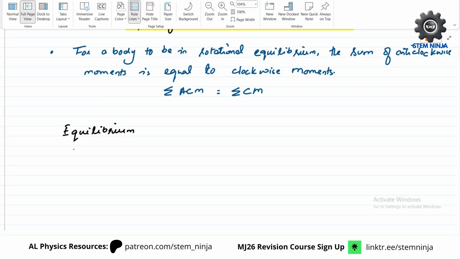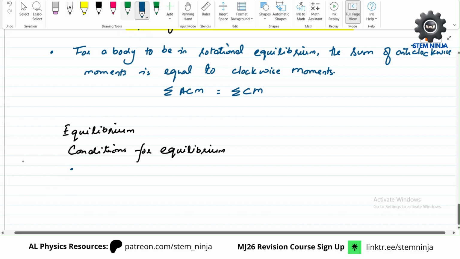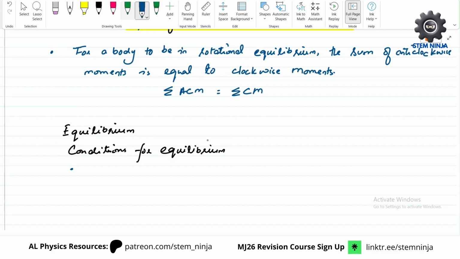twofold. So the conditions for equilibrium. And this could be any equilibrium, static, dynamic, whatever this is. You can have different phrases and different vocabulary for that, but the meaning behind them is the same.